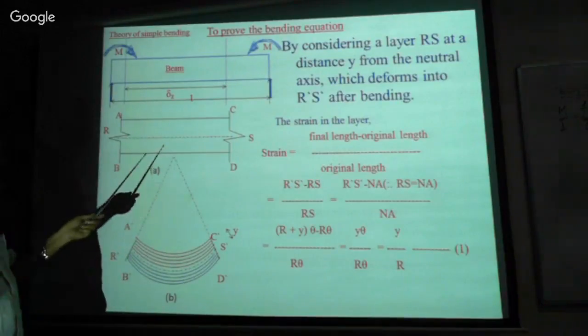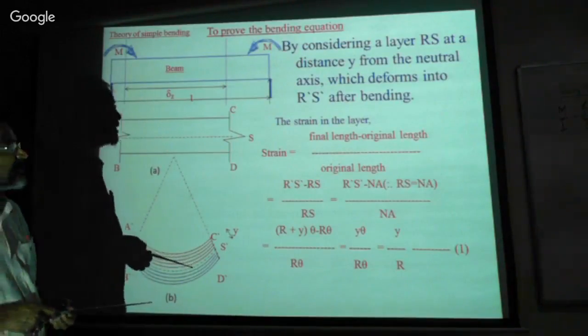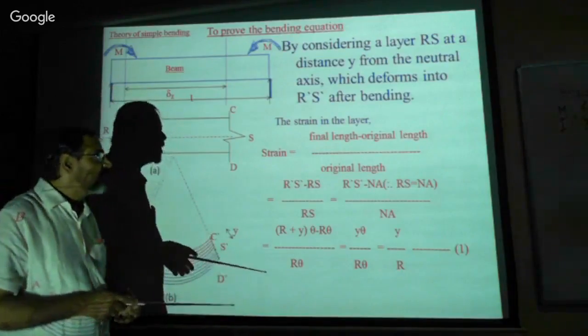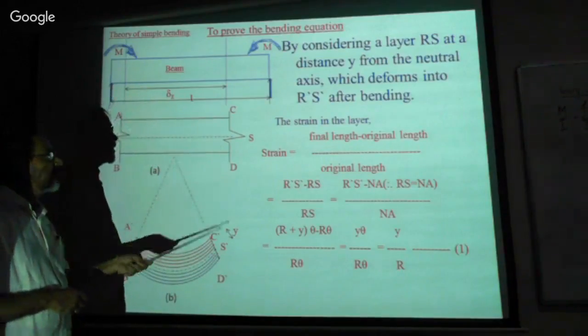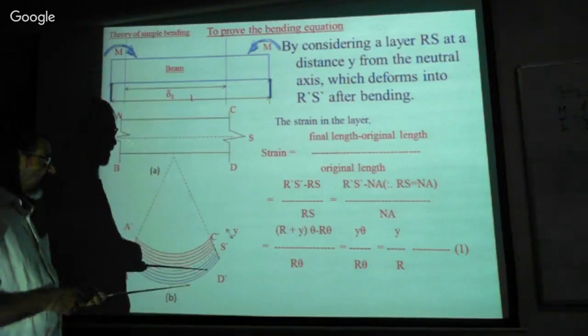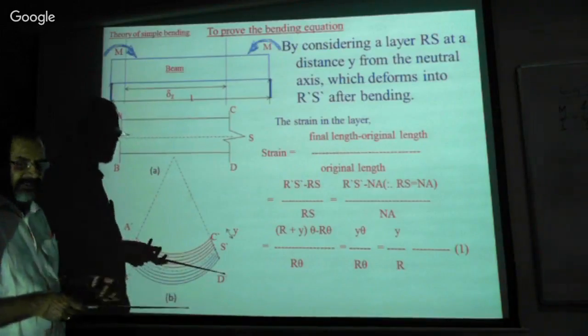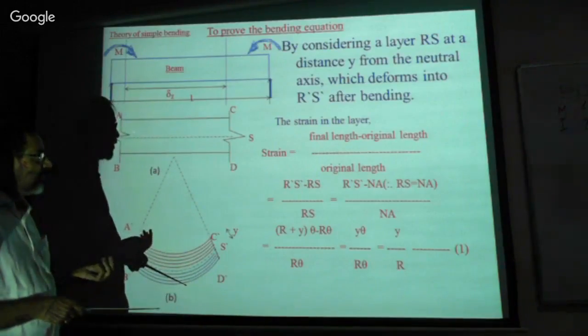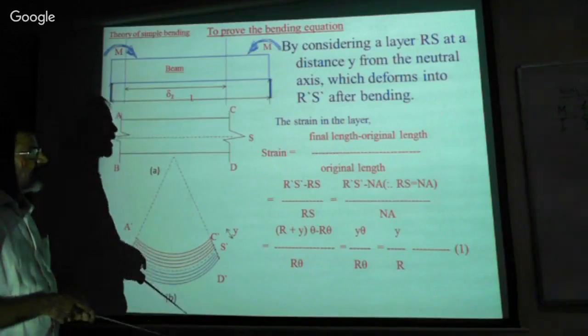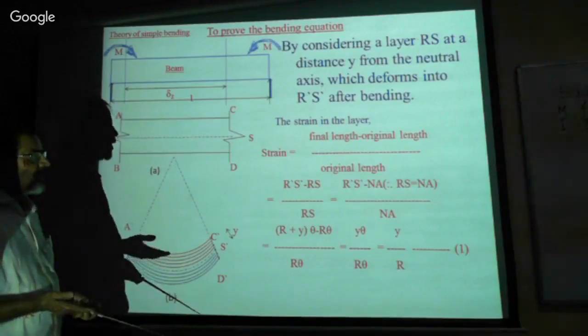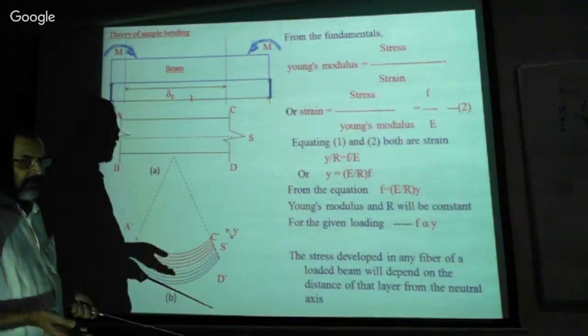The derivation of the bending equation is not included in our syllabus, anyhow I mentioned it. How the equation M by I is equal to F by Y is equal to E by R has been arrived at is shown here. If you find time, you can go through this. Next slide please.